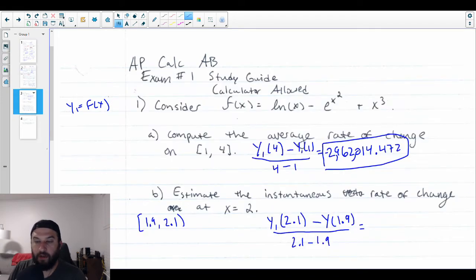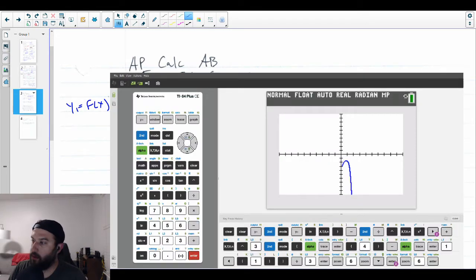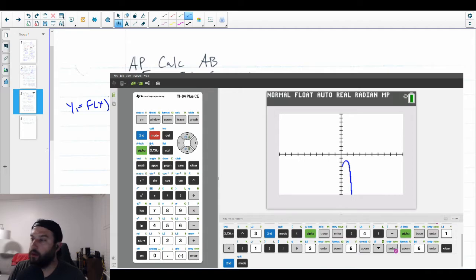Okay, so I just have written down here what we're going to put in the calculator. So, let's see. Second, quit. Clear out. Why is our calculator stuck?